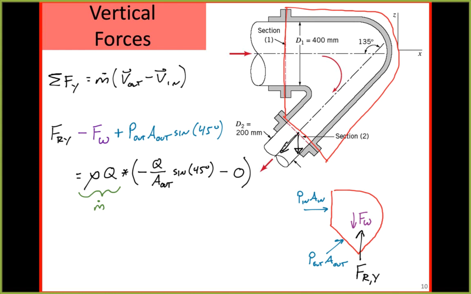And the careful reader of the problem will note that I told you in the givens to ignore the weight. Not every problem will, but if you're not able to ignore the weight of the fluid, then this thing better be simple enough that you could calculate its volume and calculate a weight force, right?